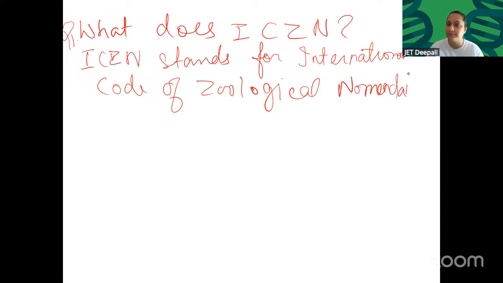What does nomenclature stand for? Naming. If you want to name anything, you have to say nomenclature. What will be the nomenclature of a particular compound? What will be the nomenclature of a particular animal, any species that has been discovered? See, zoologists are continuously working in the field.